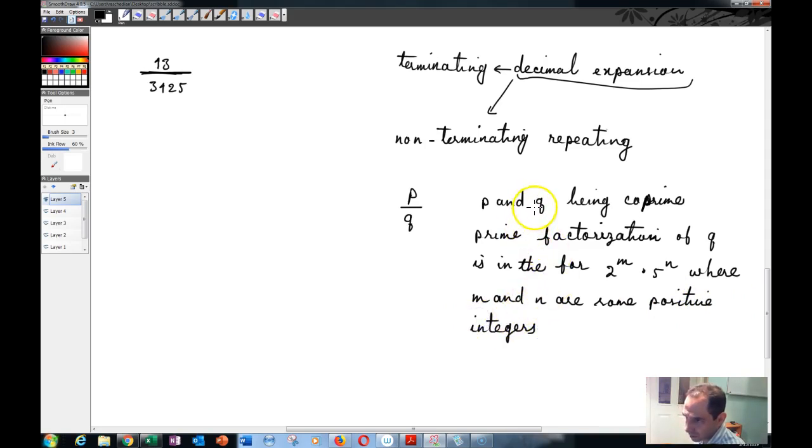then in that case the decimal expansion of x is going to be terminating.